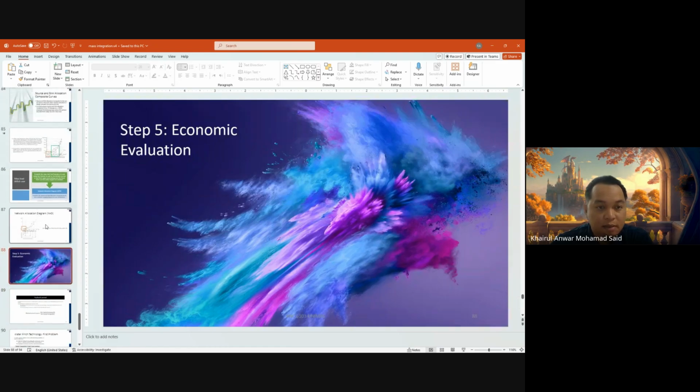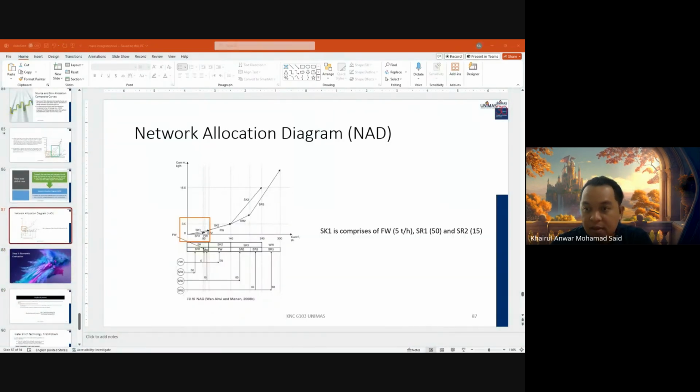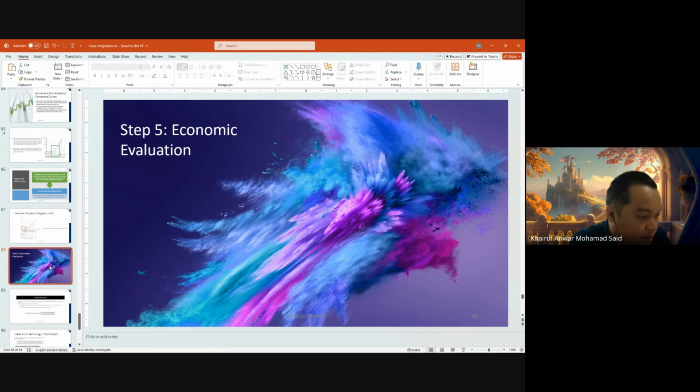The last topic. So the last step is the economic evaluation.